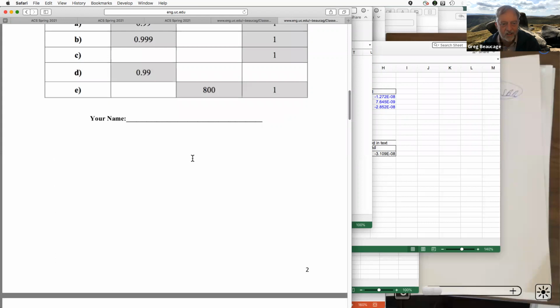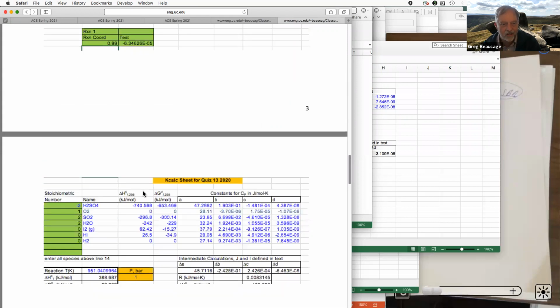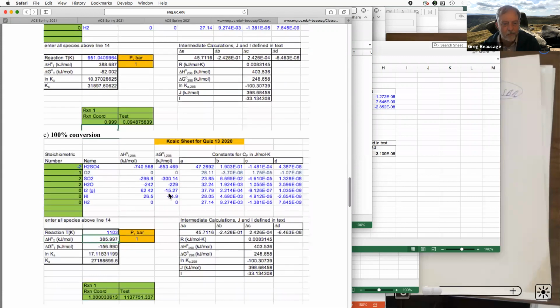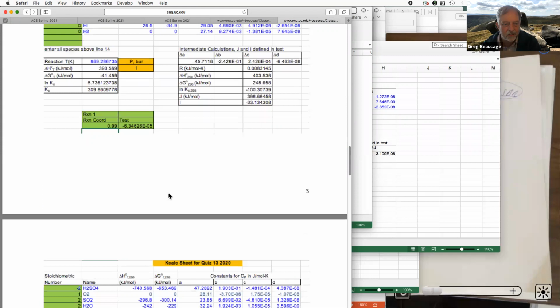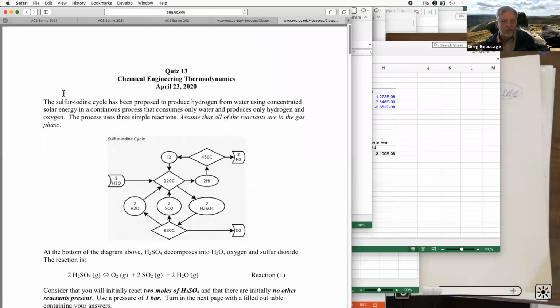And then it does it 2 ways. It does it with the reaction and does it with the Gibbs. So this is the Gibbs, that same thing I just showed you, except for this particular reaction. So anyway, I'll go through that tomorrow. Basically the quiz will be similar to these quizzes.